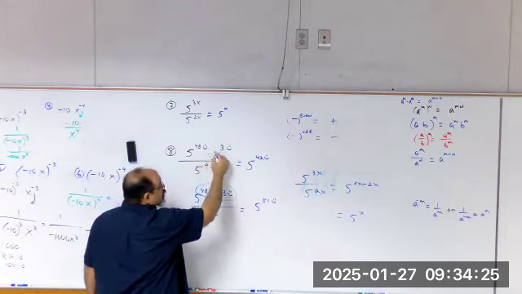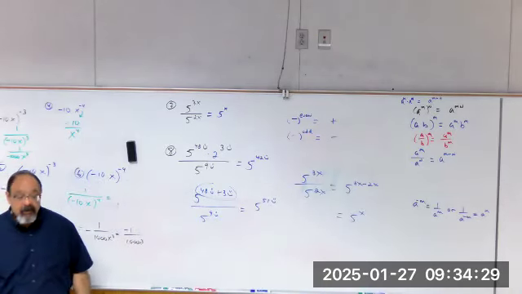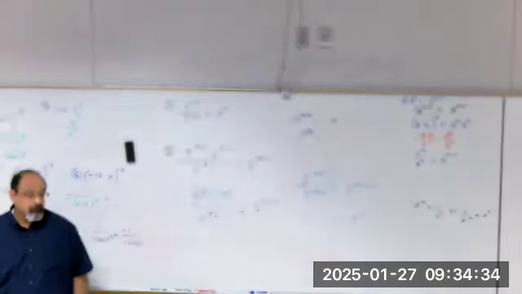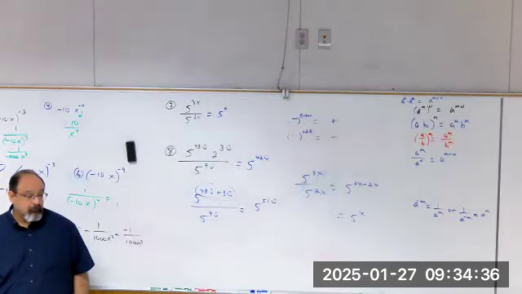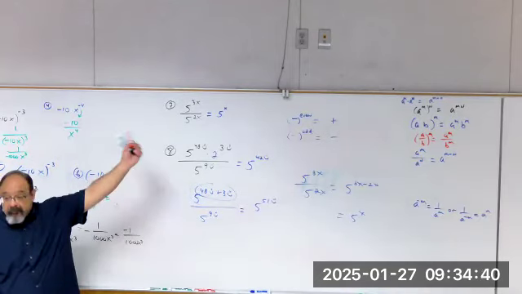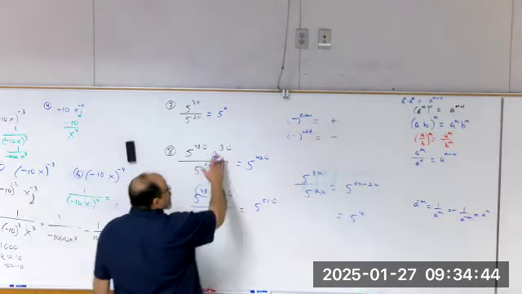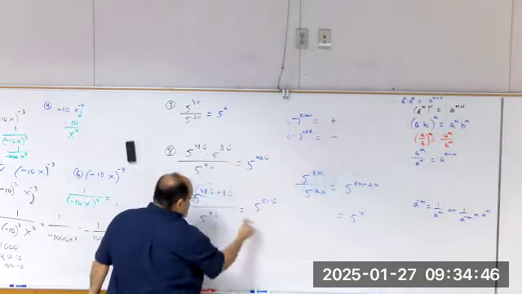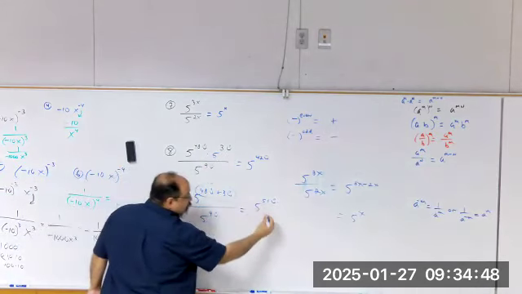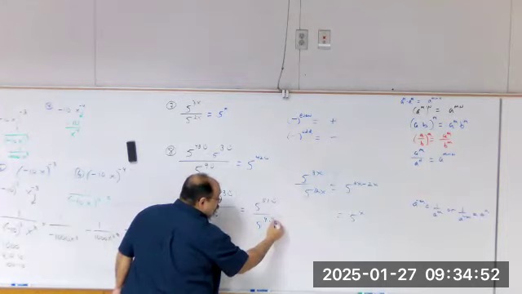If this was a 2 happy face, or 2 to the third happy face, I can't add those happy faces together, because the bases aren't the same. Cannot do it. Rule number 1, the bases have to be the same in order to add the exponent. So this is 5 to the 51 happy face over 5 to the 9 happy face.